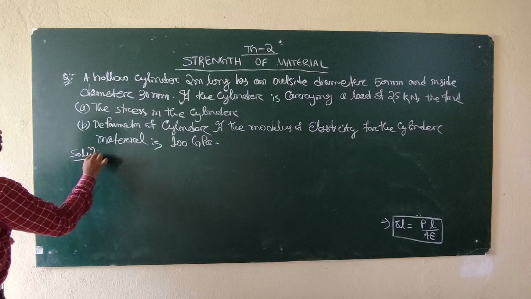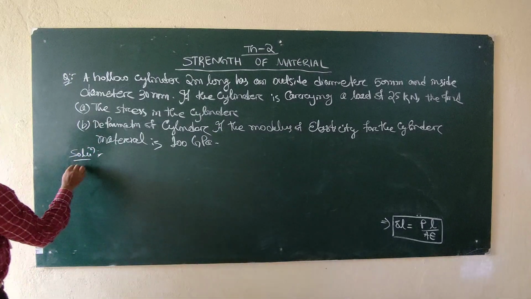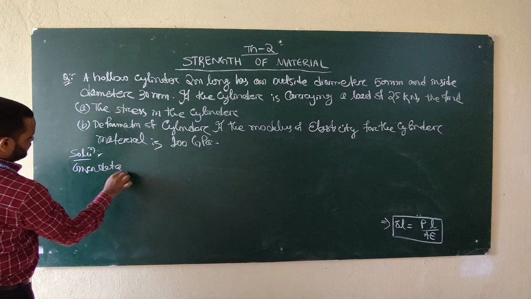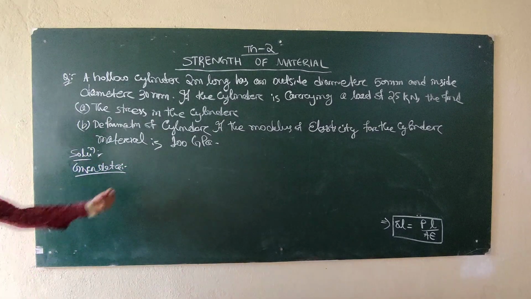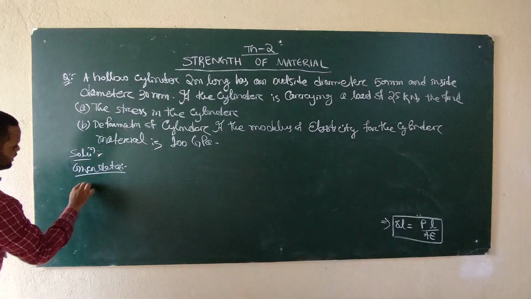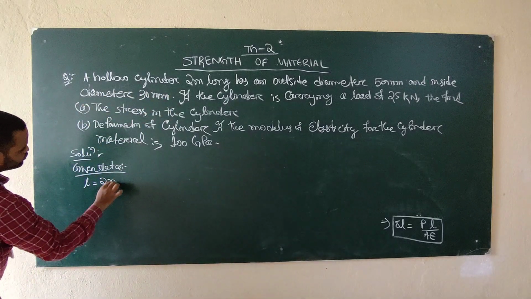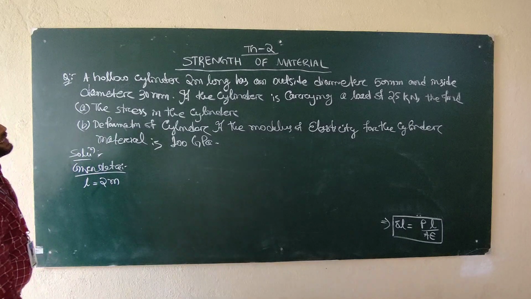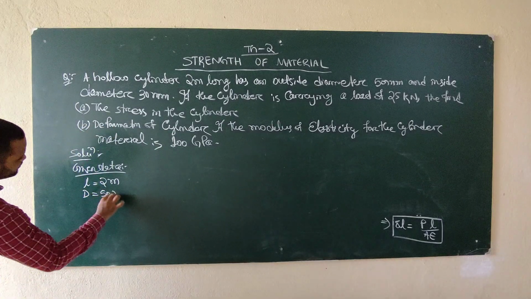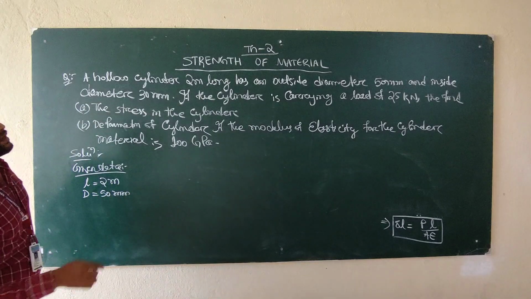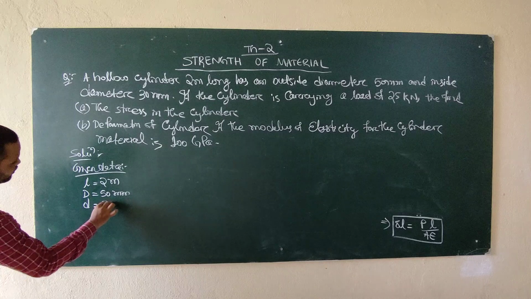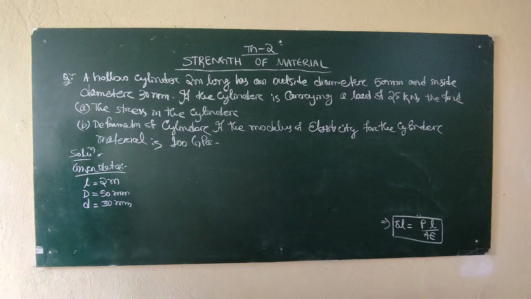So, solution. First write the given data. What are the data given? A hollow cylinder 2 meter long, that means the length L equal to 2 meter. Outside diameter 50 mm, that means capital D is equal to 50 mm, and inside diameter 30 mm, small d equal to 30 mm.